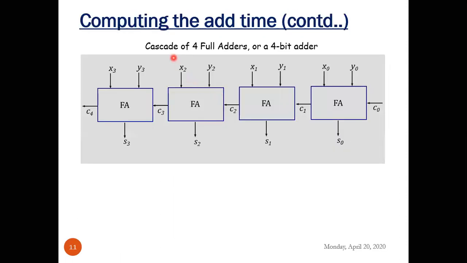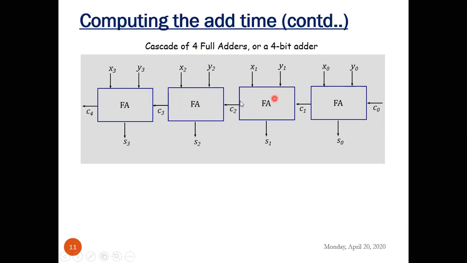Look here, cascade of 4 full adders or a 4-bit adder. You can see here 4 full adders and the inputs are x0, y0 to the 0th stage, x1, y1 to the first stage, x2, y2 to the second stage, and x3 and y3 to the third stage. All the inputs are readily available with me. I can apply the inputs simultaneously.